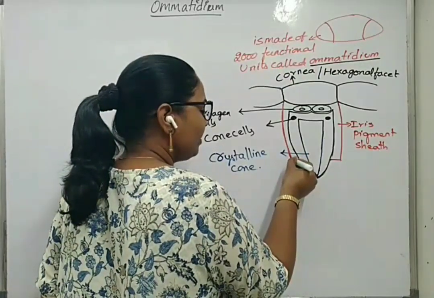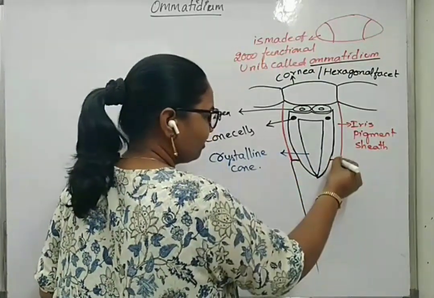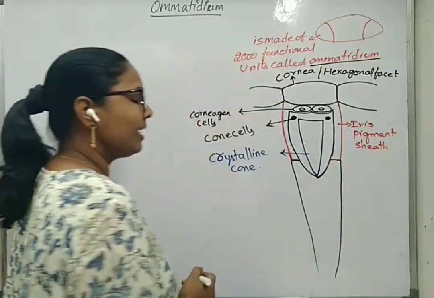After the cone cells, there will be some extension. These cells are called retinular cells.